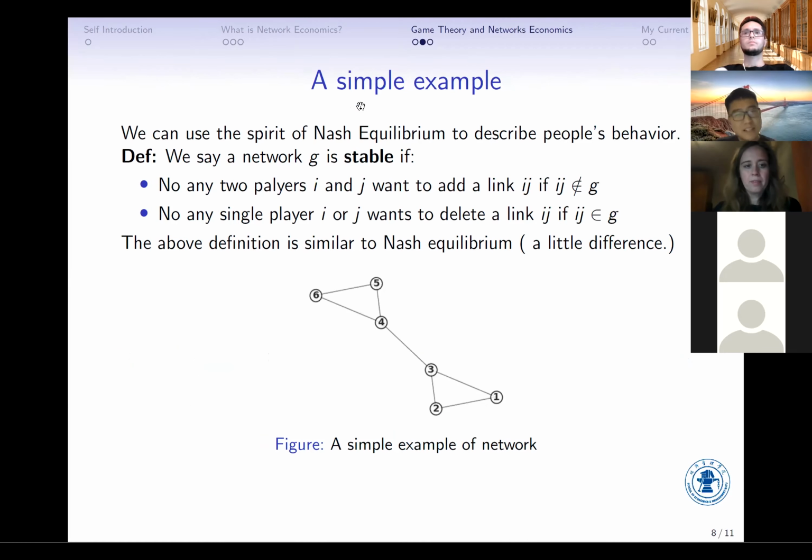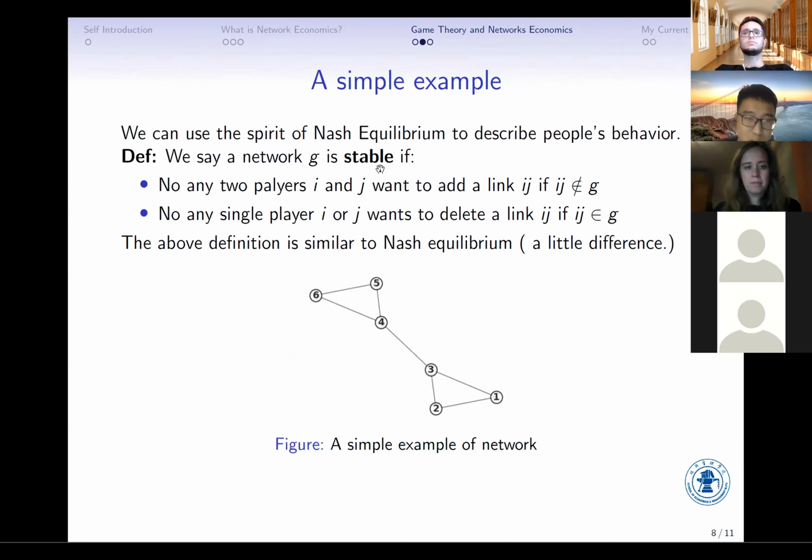Okay. Let's see another simple example. I want to introduce a simple and natural definition, which is similar to the Nash equilibrium.